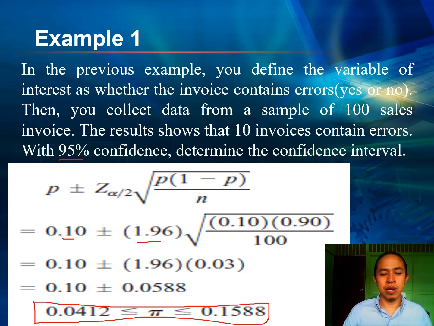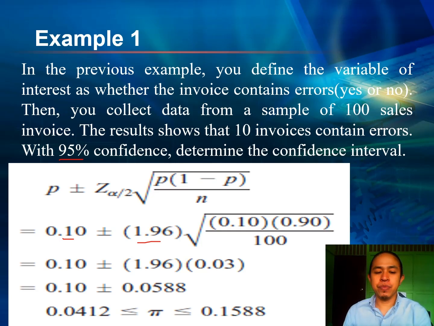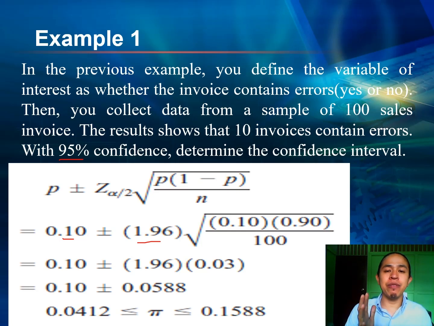So the proportion of errors is within 0.0412 to 0.1588. Or we can say that with 95% confidence, the number of errors is within 4.12% to 15.88%. So that's how you're going to interpret the result.